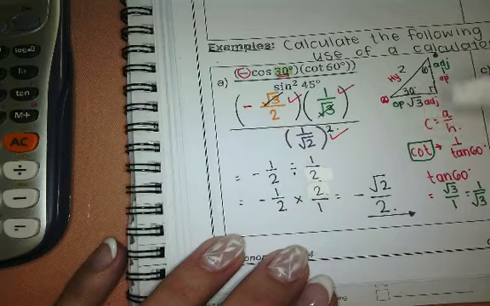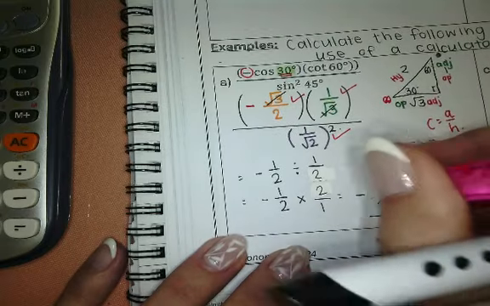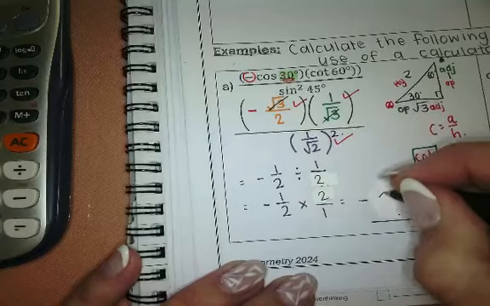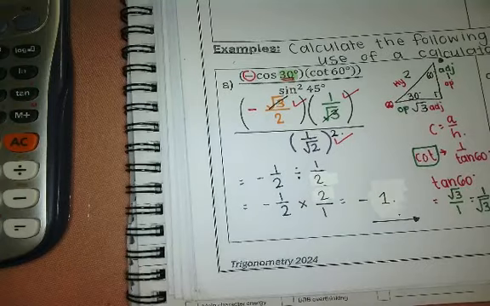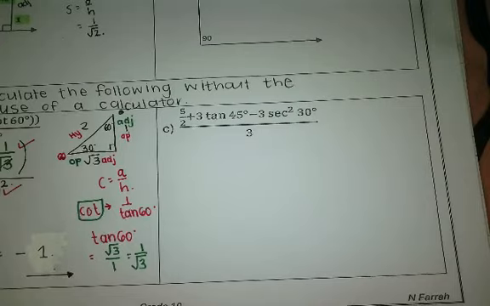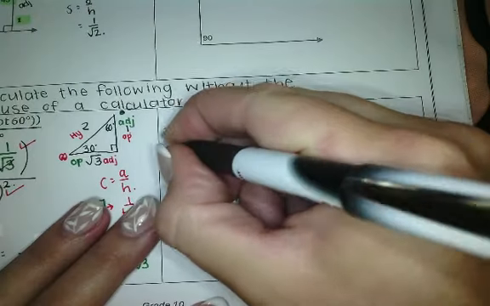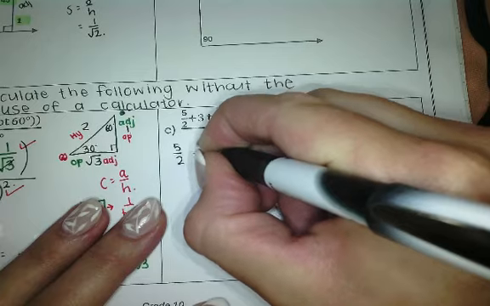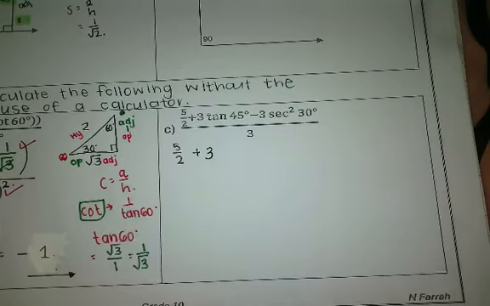So your answer is negative 1. That's for the sin squared 45 degrees. Move on. Okay, so this is 5 over 2 plus 3.